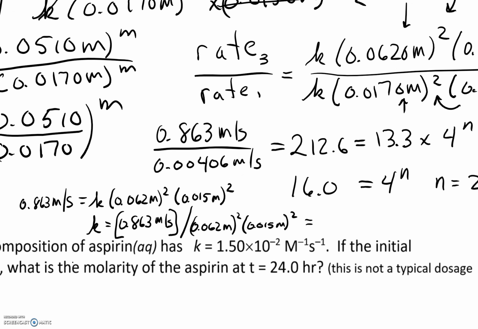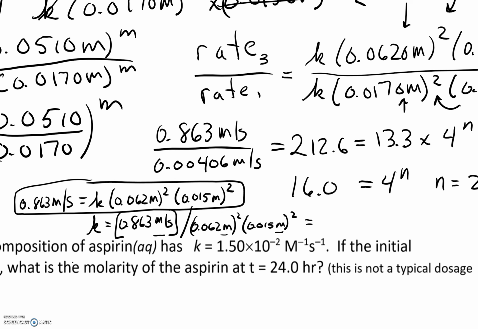So I've got the concentrations plugged into the rate law. I rearranged the algebra right below. And notice I carried through all the units for the rate in terms of molarity per second, and then the molarity squared and molarity squared for each of the reactant concentrations.